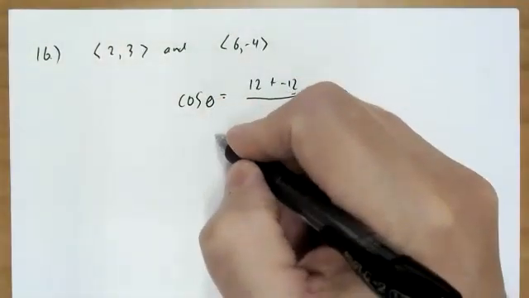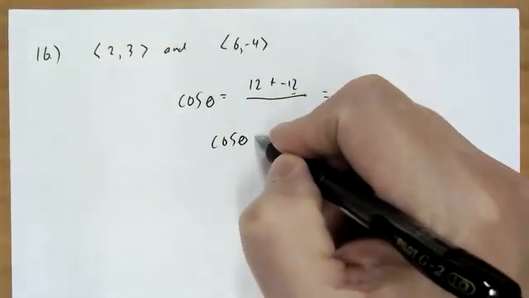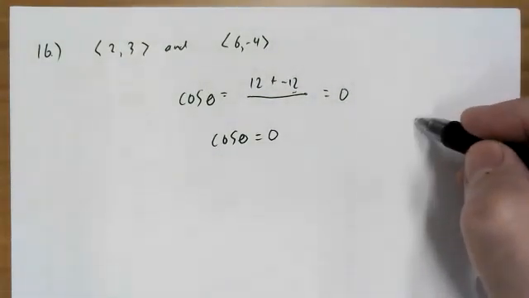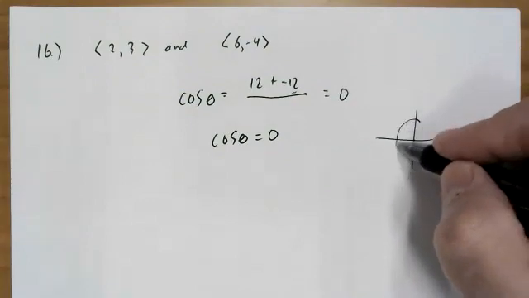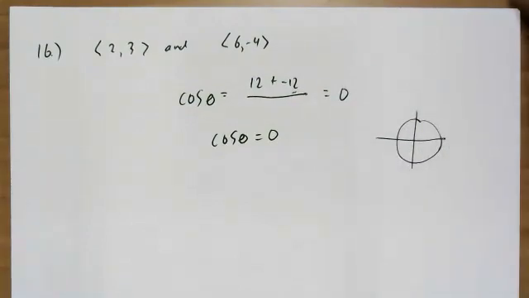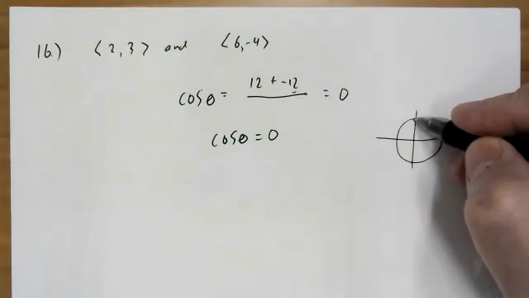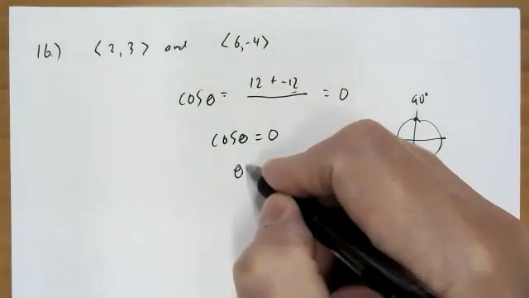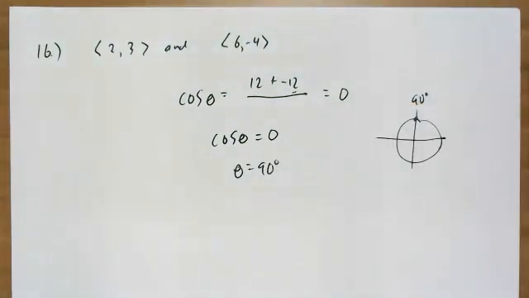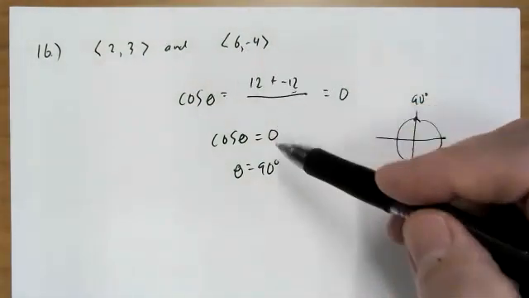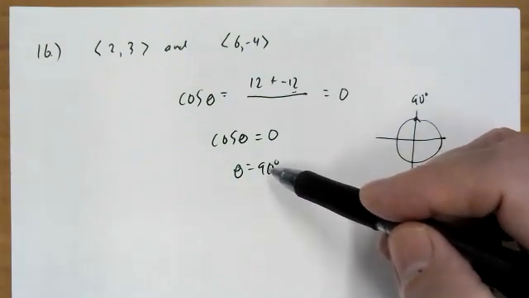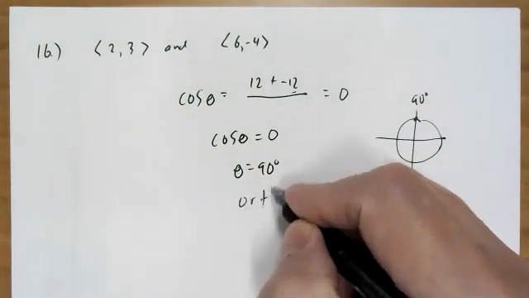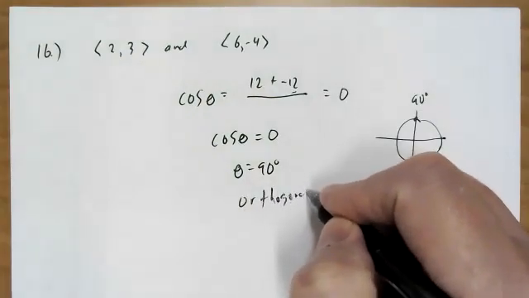Once again, if we think back to our trig days and we think what's the angle where the cosine is 0, pi over 2 or 90 degrees, which means these two vectors form a right triangle, which means they're orthogonal. So these two are orthogonal.